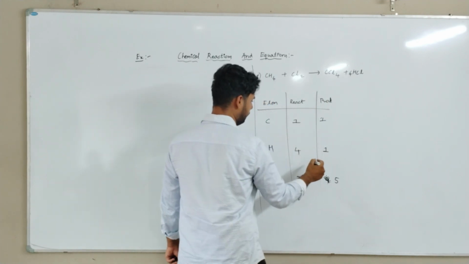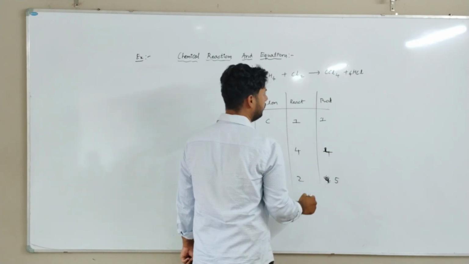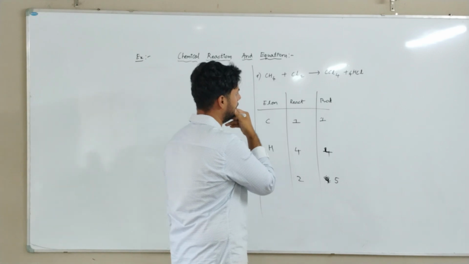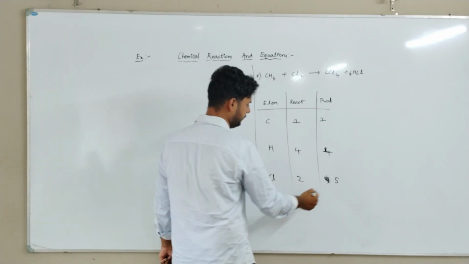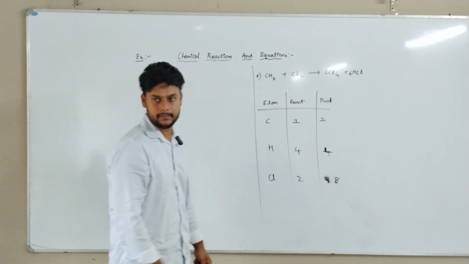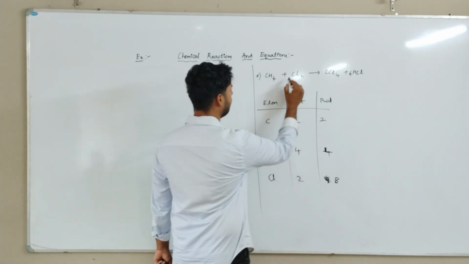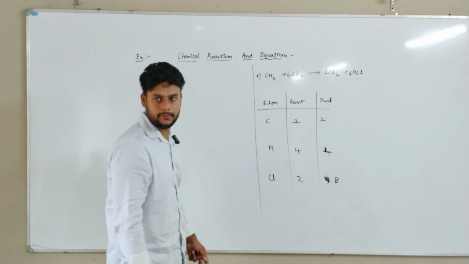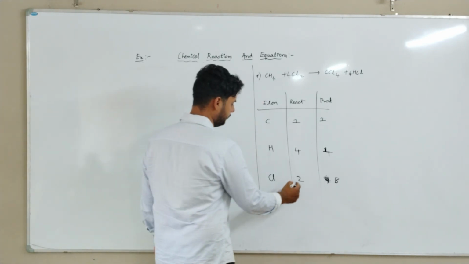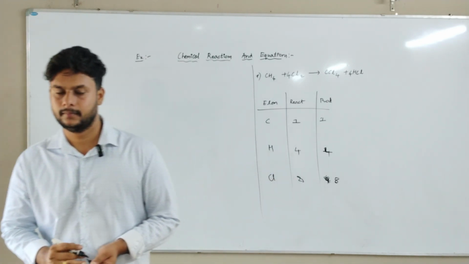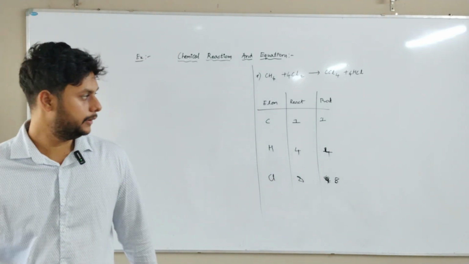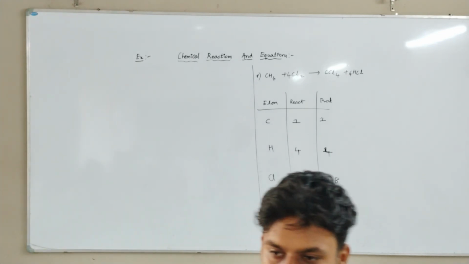I made it 4HL, so this became 4 now, and Cl became Cl4 plus Cl4, Cl8. So to make that properly, I can apply 4 Cl2 here. 4 2s are 8 Cl2. Everything got balanced. How many got answer? Okay, remaining you try and come in. Today I'll stop here. Okay.